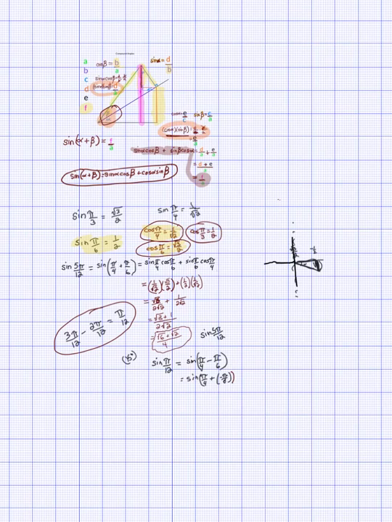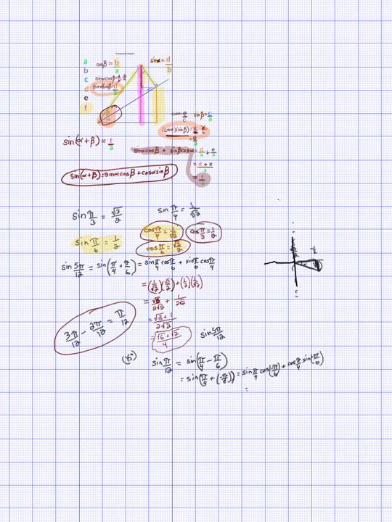Okay, so we're going to say this is equal to sine of pi by 4 times cosine of negative pi by 6, plus cosine of pi by 4 times the sine of negative pi by 6.